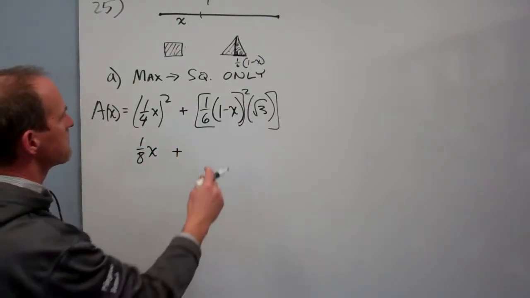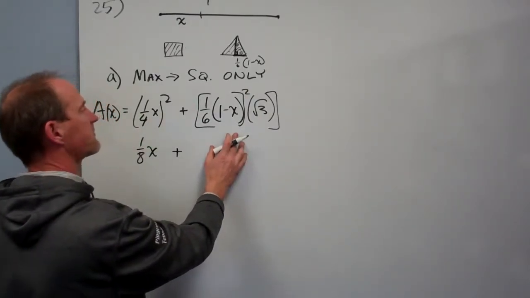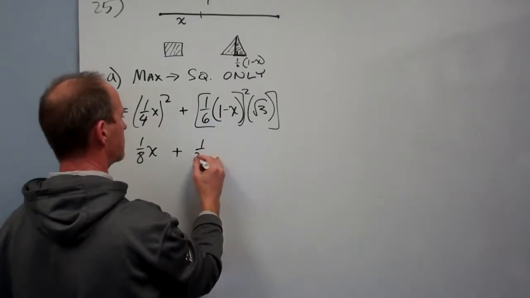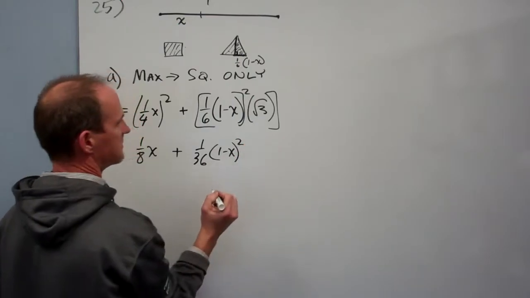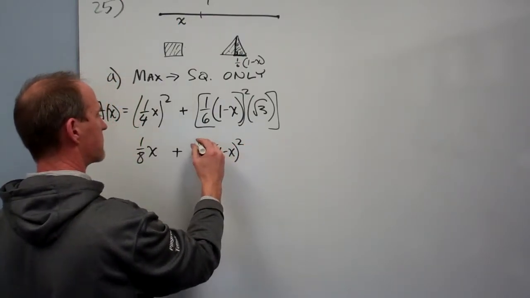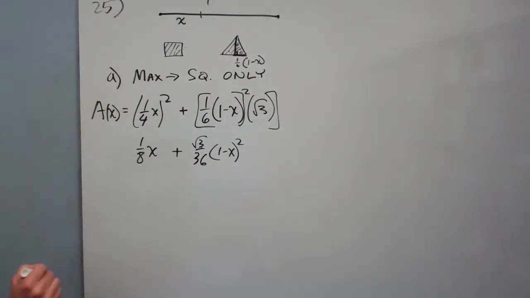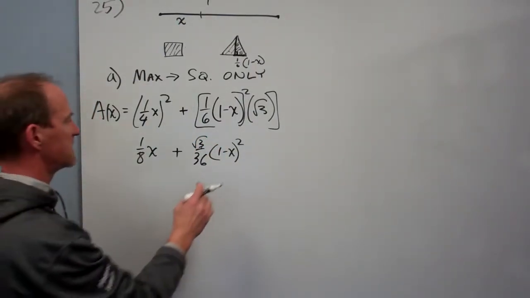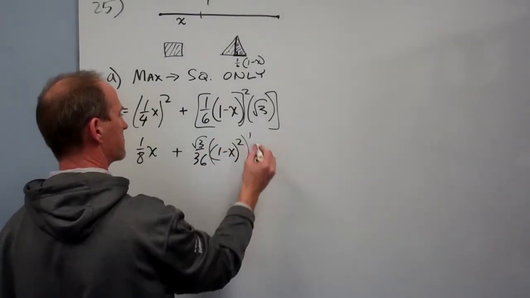Plus then this is going to be 1/36, and then 1 minus x squared, okay? And then times radical 3, I'm just going to put that there. So it's radical 3 over 36 times 1 minus x squared. When I take the derivative of this, I'll put a little prime thing like that.